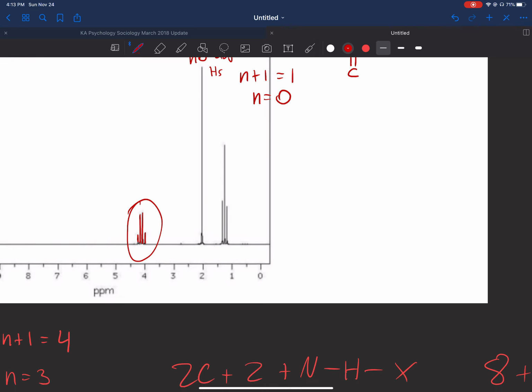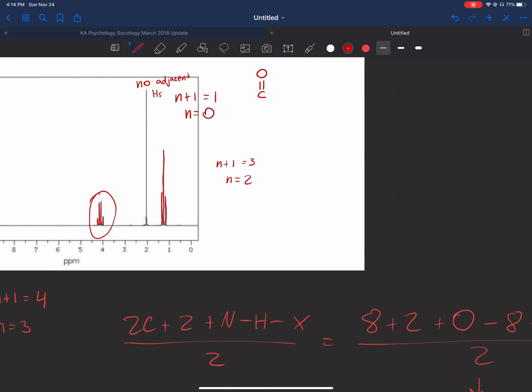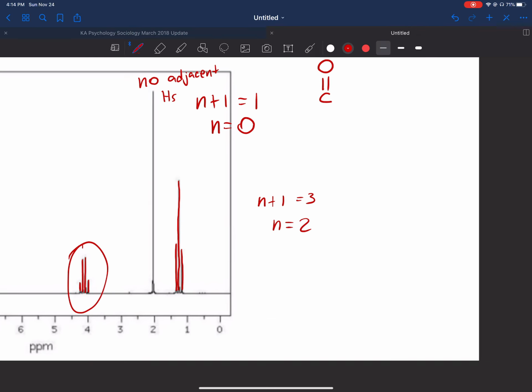Now, this is the last peak. We have 1, 2, 3. That's a triplet. N plus 1 equals 3. Subtract 1, you're going to get 2. That means whatever hydrogen we're looking at, next to it, there are 2 of them. Okay? So let's go back to the carbonyl.